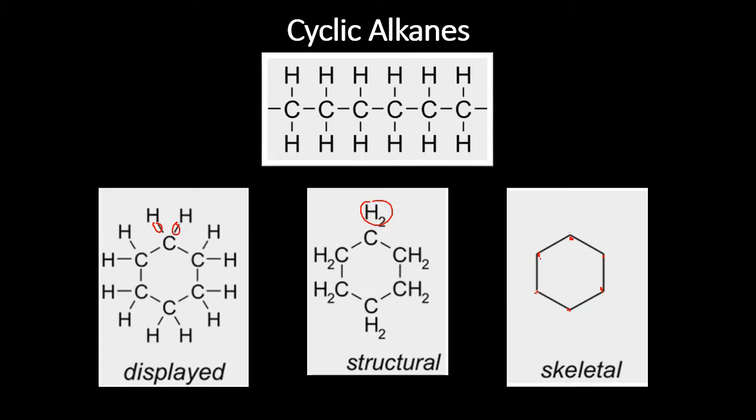So mapapansin ninyo, hindi na natin kailangan ilagay yung C dyan. Okay? So automatic na kapag nakita natin na ganito, yung point na yan will mean that there is a carbon atom there. So this is a shorthand representation of the structure and displayed representation of the molecule.